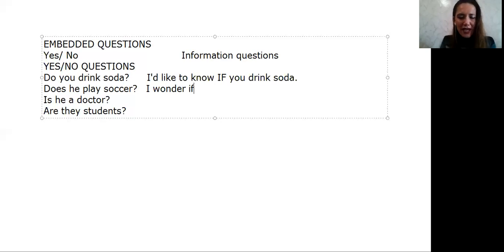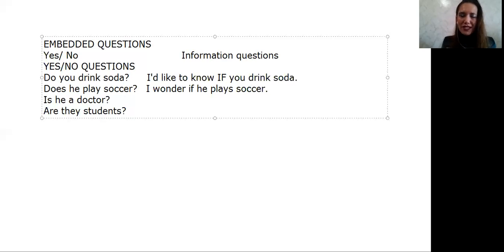And then I use the pronoun, and then my verb, I have to conjugate it in simple present tense. So I wonder if he plays. I eliminate does because I have to eliminate the auxiliary, but then I need to conjugate the verb. So I wonder if he plays soccer.